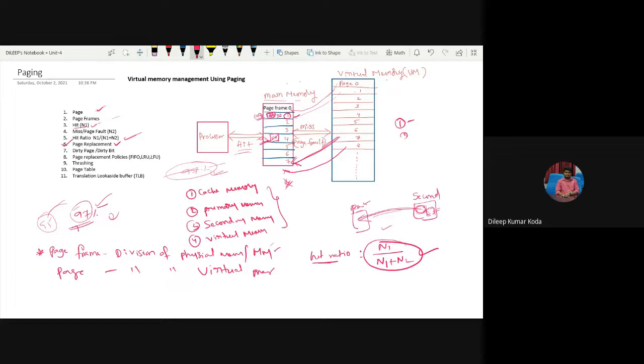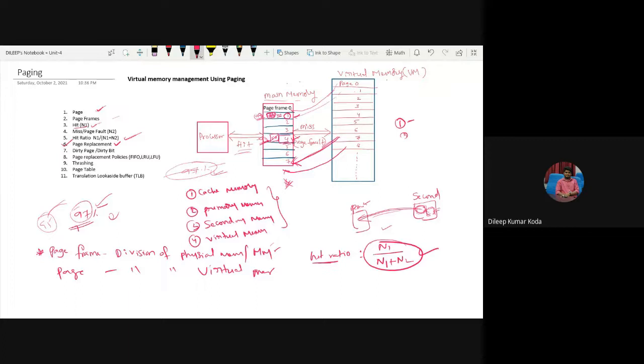I have 7 page frames over here, from 0 to 7, and page frame number 4 has not been used for a long time. What is the use of this? Why should page frame 4 occupy our main memory?